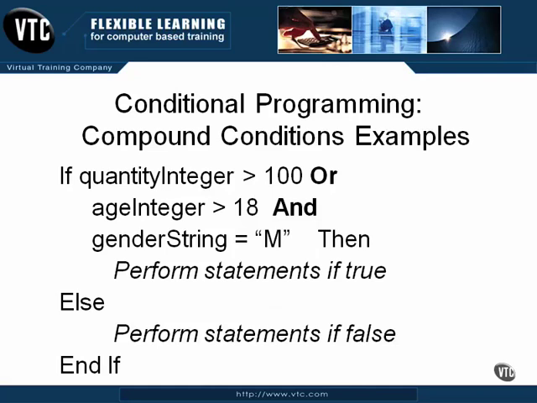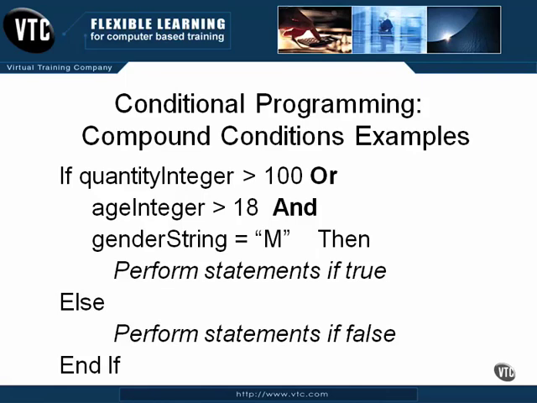That is, in this condition, the age integer greater than 18 and the gender string compared to M would be evaluated first, and only if that were true would it consider the OR, which is quantity integer greater than 100.